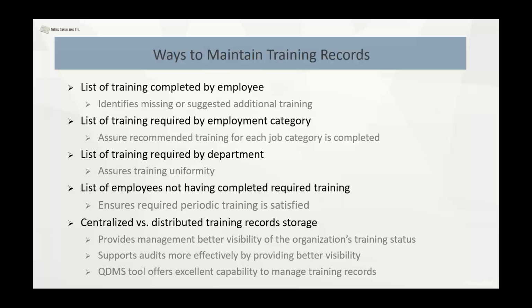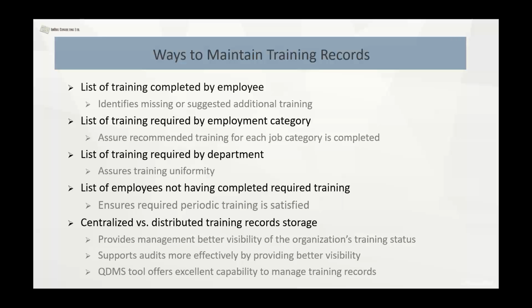So if you're going to pick an employee of your organization, then you'll have the list of all of the training that he or she accomplished while employed in your organization. So this is a way of telling what specifically, let's say, additional training is missing from that employee. So that's one way of sorting that information.